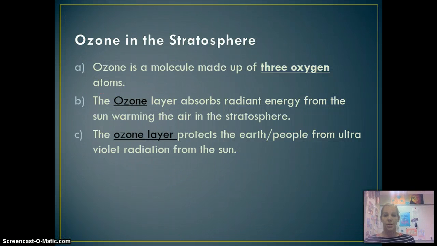So what is ozone? Ozone is a molecule, and it is written O3. So O with a little 3 beside it. That 3 represents that there are 3 oxygen atoms that are bonded together. So again, it just protects us from some of the radiant energy coming from the sun.